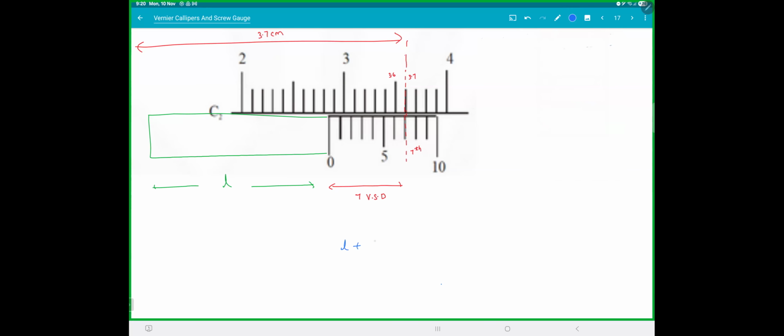That means length plus 7 times VSD is 1.1 millimeter, that's 0.11 centimeter, is equal to 3.70 centimeter. That would be 3.70 minus 0.7. Sorry, that is 3.6 actually.